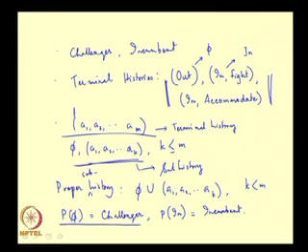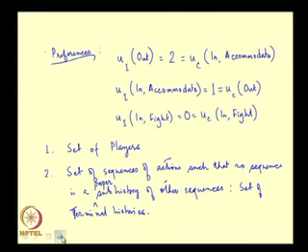It is the challenger. P phi is the challenger, which means if nothing has happened, the game is in the beginning itself, it is the challenger who is making a move. How many moves can he make? That information we can get from the set of terminal histories. He can make two sorts of moves.